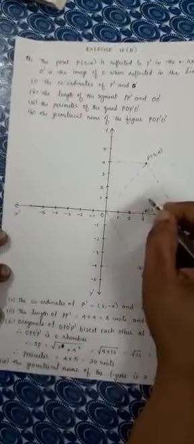That is equal to 3 square plus 4 square, that is equal to 9 plus 16, that is square root of 25 is equal to 5 unit. Therefore, perimeter is equal to, 4 sides are equal, 4 into 5 that is equal to 20 units.